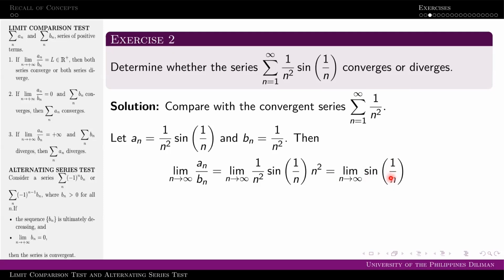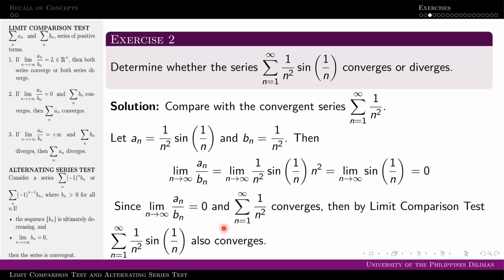But 1 over n as n approaches infinity ay 0. So, this is just sine 0, which is 0. So, meron tayong 0 na limit, tapos convergent na series for comparison. So, case 2 yon ng limit comparison test, and we can conclude that our series indeed converges.